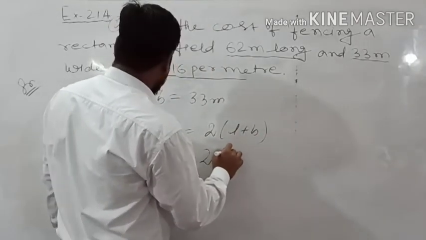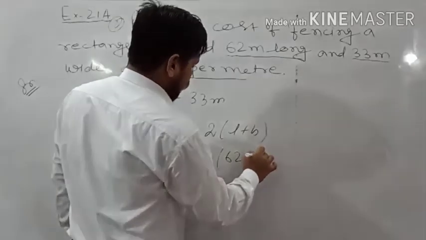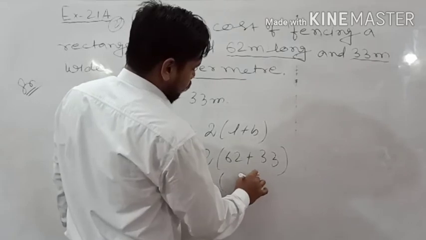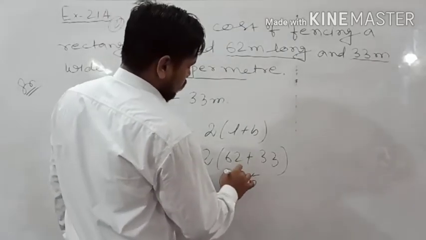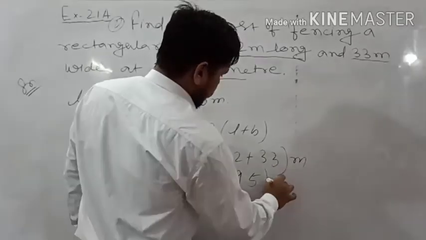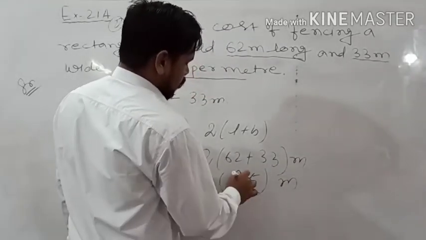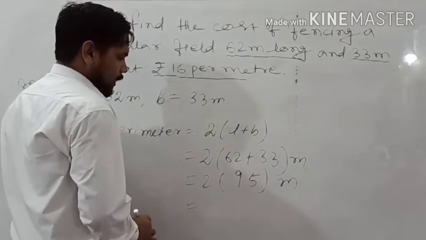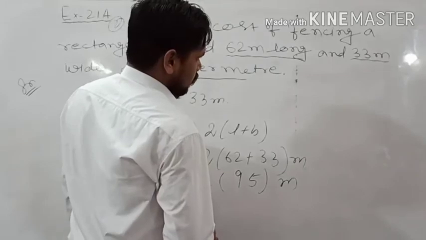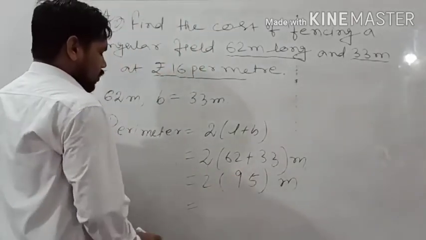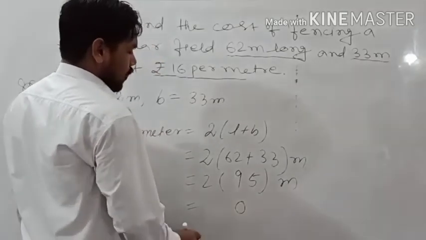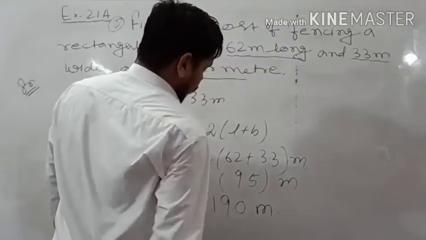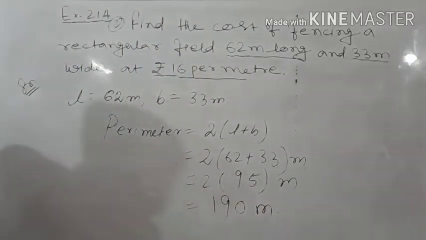So 2 into 62 plus 33. 2 into, 2 plus 3 is 5, 6 plus 3 is 9, 95. 95 times 2 is 190. So this is the perimeter which we got, 190 meter.